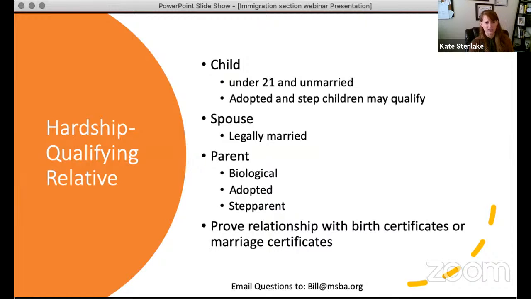Again, biological obviously do, adopted and step parents usually will count, but you'll have to make sure that they qualify. You have to prove the relationship with birth certificates or marriage certificates. That should be the initial thing you submit with your application, if possible, the proof of the qualifying relatives. We can go on to the next slide.